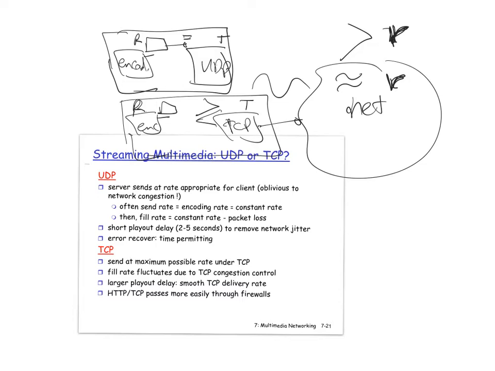So in that case, for UDP, the transmission rate is equal to the encoding rate, which is in that case constant bit rate. Okay? So assuming that the network is working fine, which means that the receiver rate is good. The receiver rate is good. So the network state is okay.